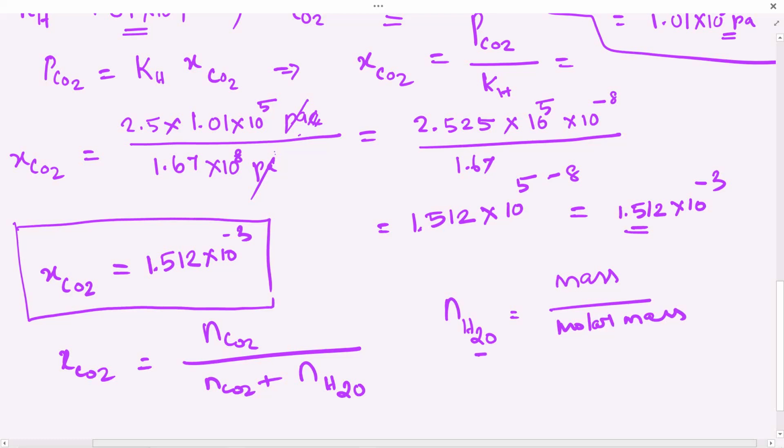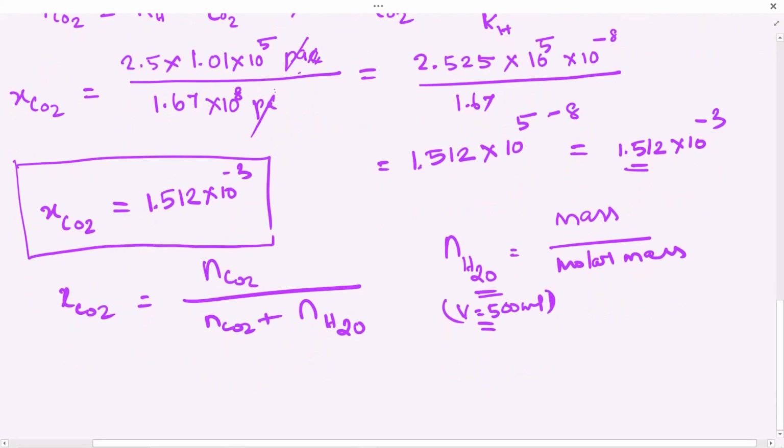But we got only the volume of water, which is 500 ml. This is what we got. So from this volume, we have to find out the mass. Let us go for the relation. The volume of H2O, what we got, is 500 ml.